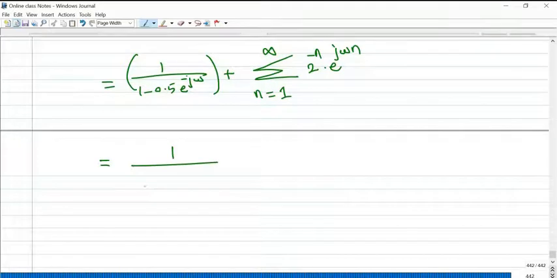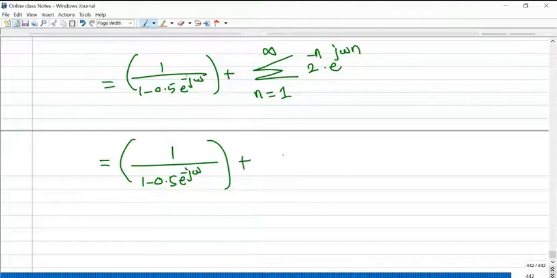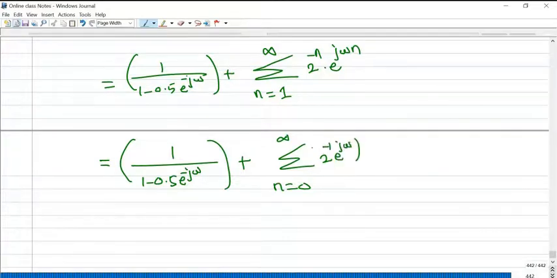So what do we do? If I wanted to include n equal to 0, what is the meaning? I'm adding an extra term for n equal to 0.